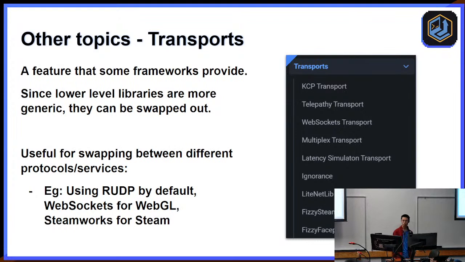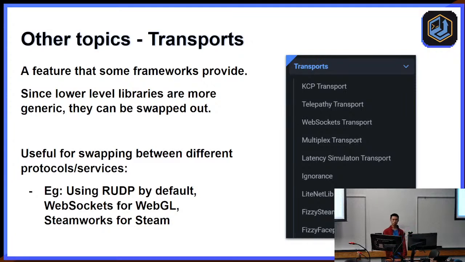And other topics: transports. This is related to frameworks and libraries, but I didn't want to include it at the start of the presentation. It's a way for frameworks to use lower-level libraries. It's kind of like changing out the pans in a kitchen; you can use different pans to cook different types of food. It's good for swapping between different protocols and services.